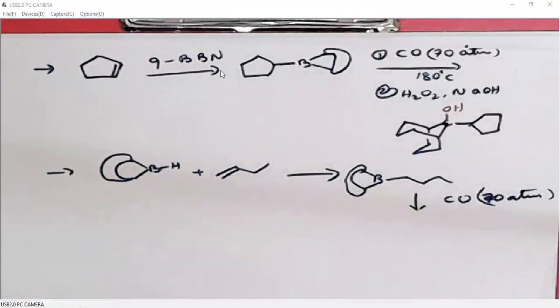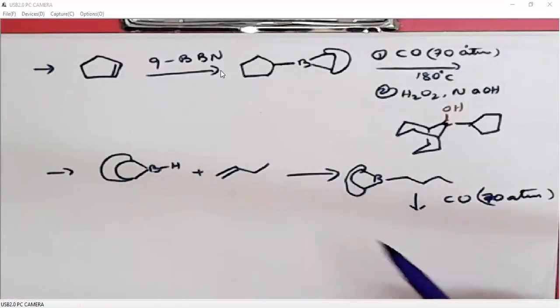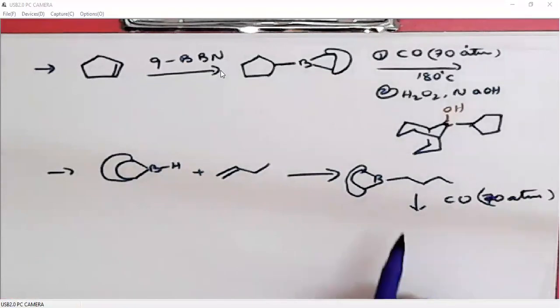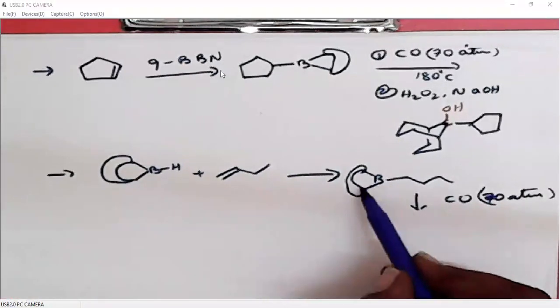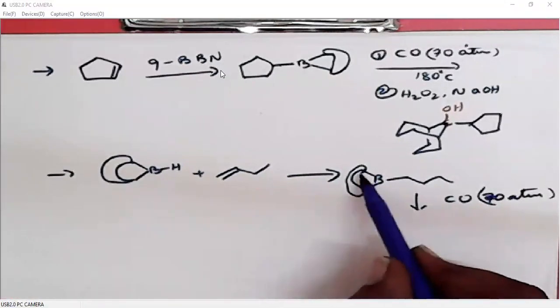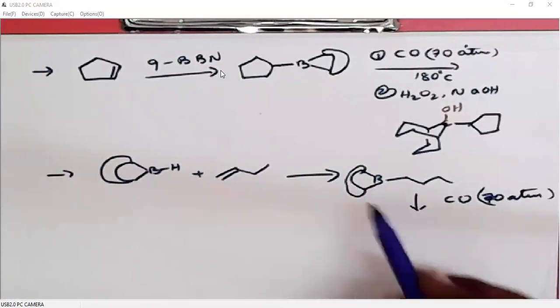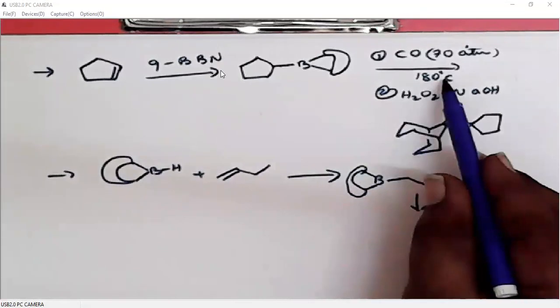It depends on the steric crowding. Here also we are not using high temperatures, so we expect two alkyl groups to migrate. No, in this case it is not possible because these two alkyl groups are sterically crowded. They will not undergo migration at normal conditions. They will undergo migration only at high temperatures.